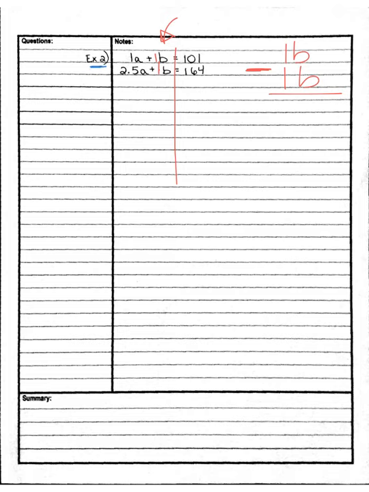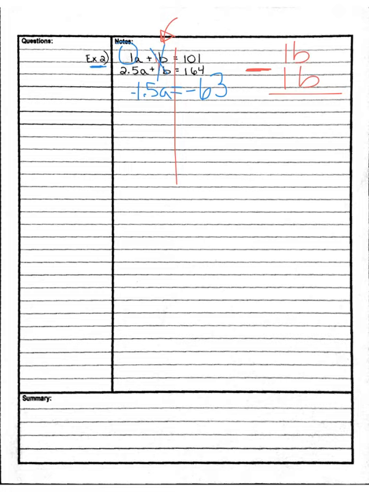So we're going to have 1 take away the 2.5a. And we get a negative 1.5a is equal to, we know 1 minus 1 is nothing, so that cancels out. And 101 minus 164 is a negative 63.